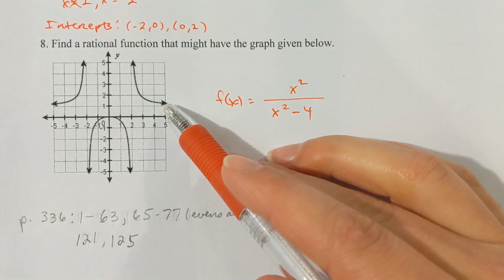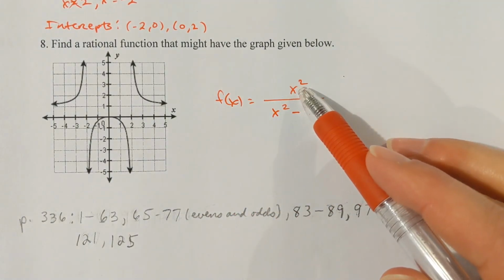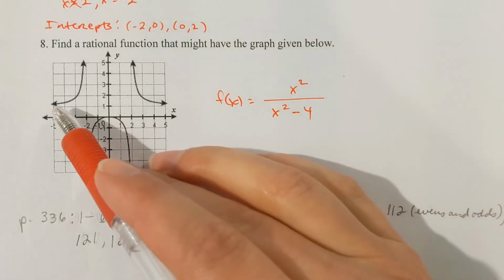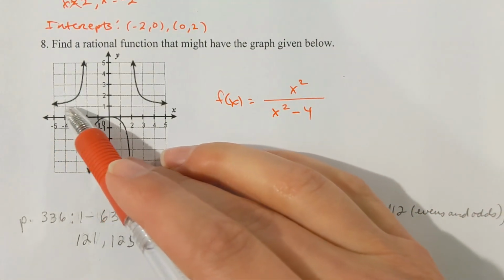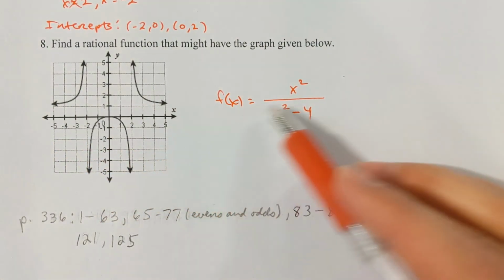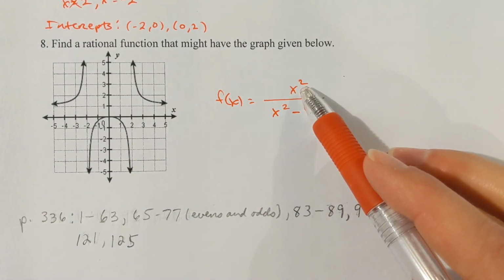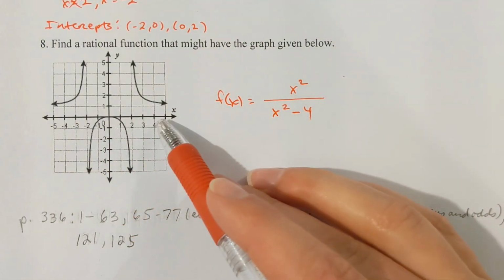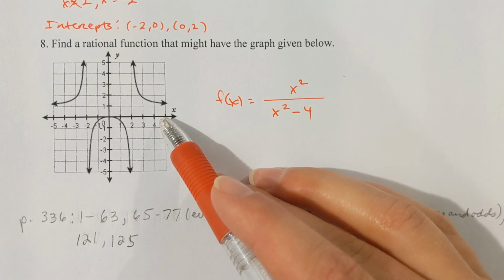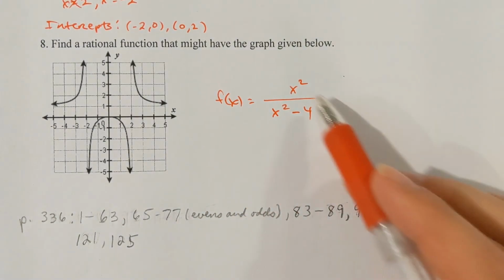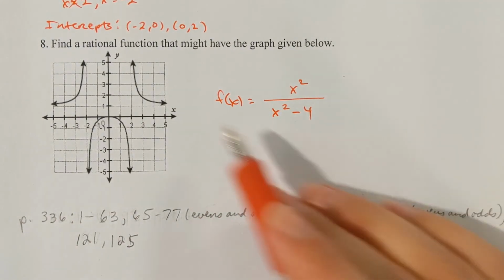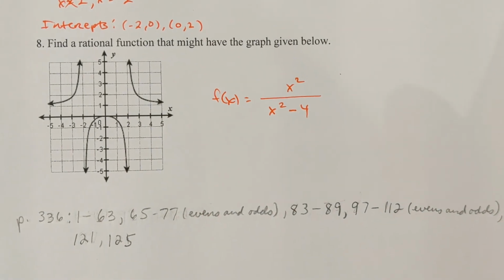Okay? So I'm going to want an x squared in the numerator, since I see I've got a horizontal asymptote right here at y equals 1. I wouldn't want x because that would mean that y equals 0 is a horizontal asymptote, and I don't see that. Okay, and so that'd be the answer for problem 8 here that we're getting.